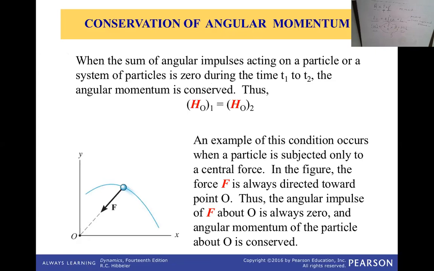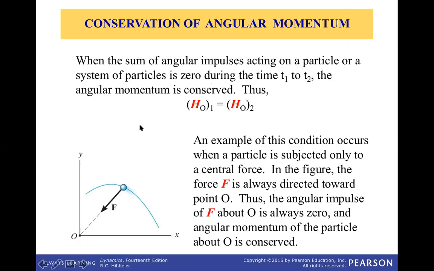One example is if a particle is only subject to a central force, as shown in the figure here. In that case the force is always pointing towards the origin O, so r will be in the opposite direction.